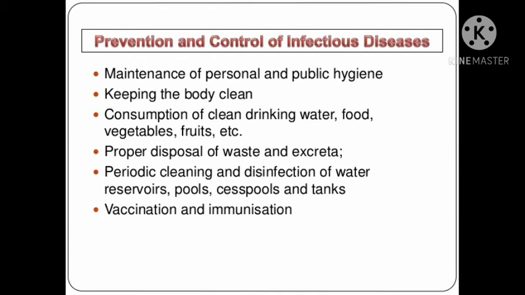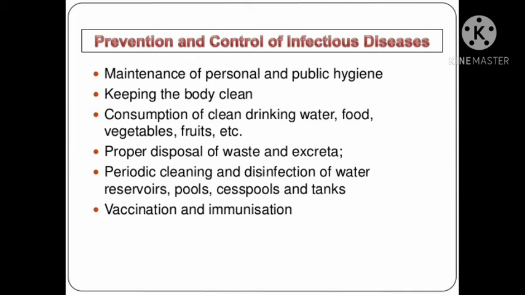Periodic cleaning of nearby surroundings, disinfection of water, cesspools and tanks, and at the level of the society, regular immunization programs for commonly spread diseases. All this will help to keep these infectious diseases under control.